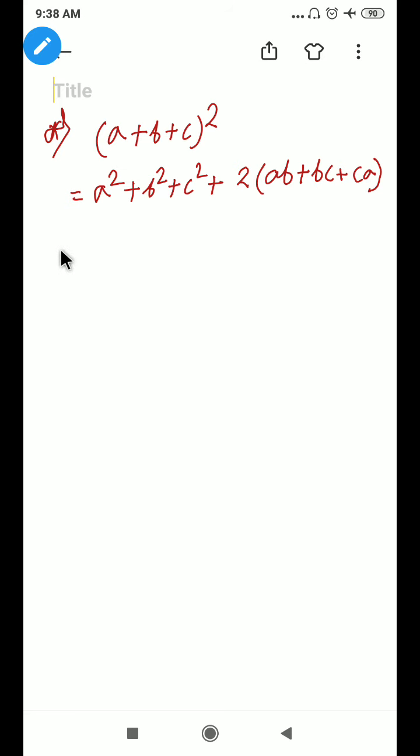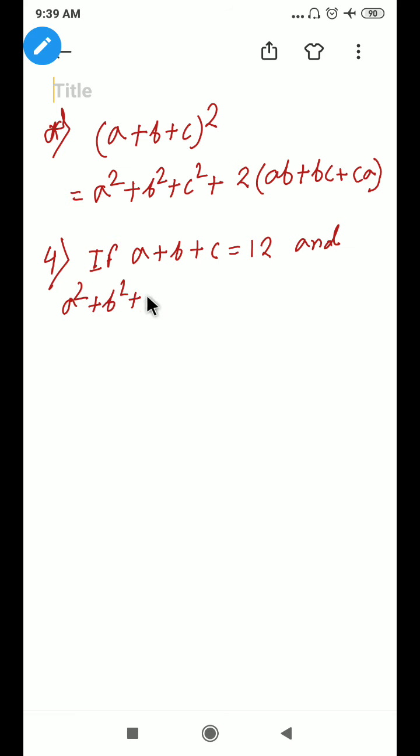Go to question number 4. In question number 4 it is given that if a plus b plus c is equal to 12 and a square plus b square plus c square is equal to 50, then find ab plus bc plus ca.